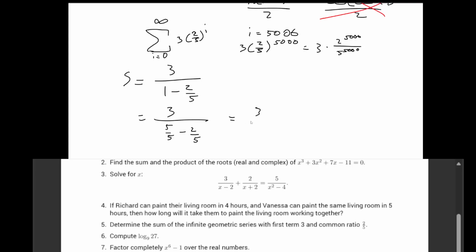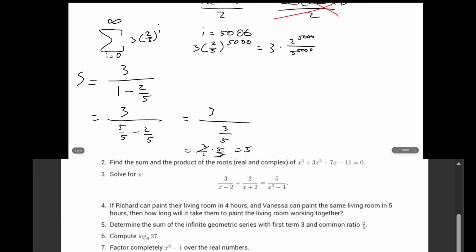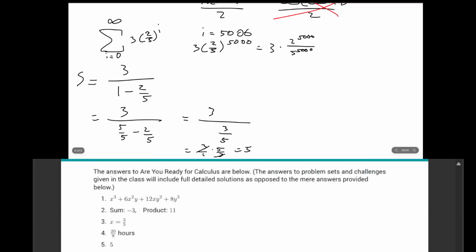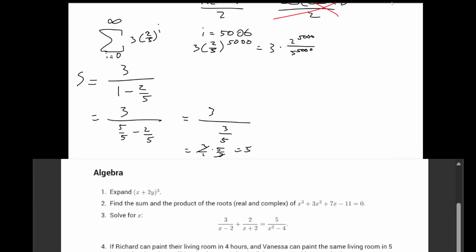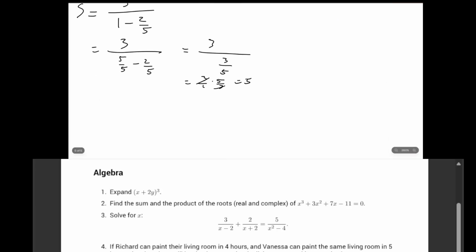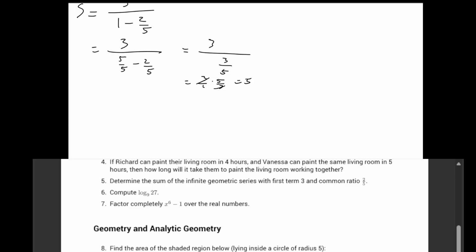This would be 3 over 5 equals 3 over 1 times 5 over 3. Should, yeah, equal 5, I think. Yeah, let me check the answers here. Yeah, 5 is correct. Sorry. I was just doubting myself for some reason. I thought it was 5 over 6. Yeah, anyway, let's do number 6 here.